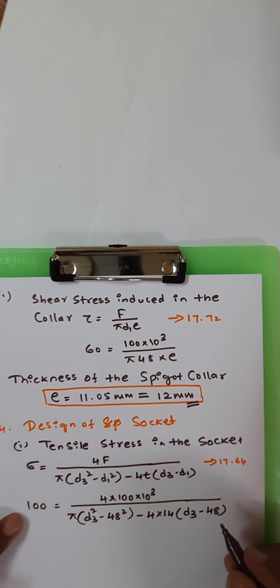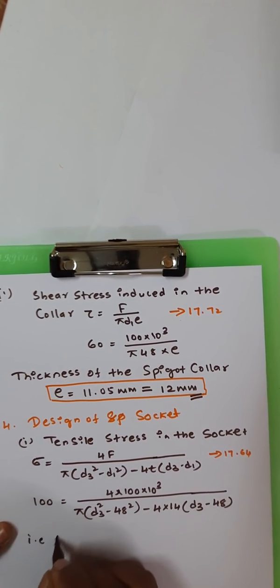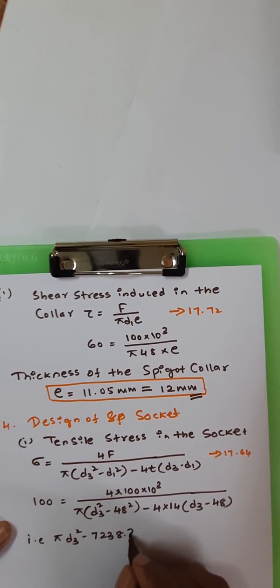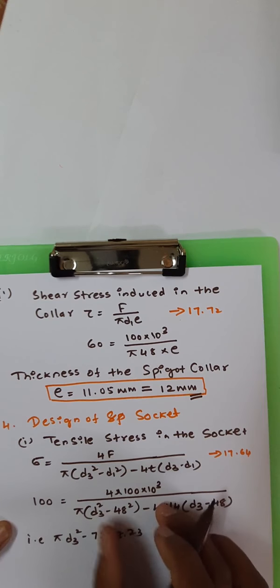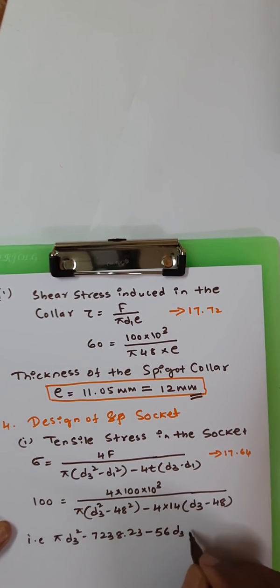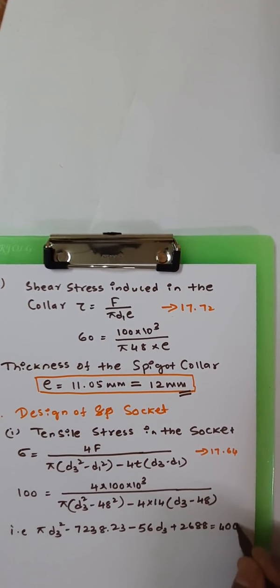If we simplify this, we'll get pi d3 square minus 7238.23, minus 56 d3 plus 2688 is equal to 4000.